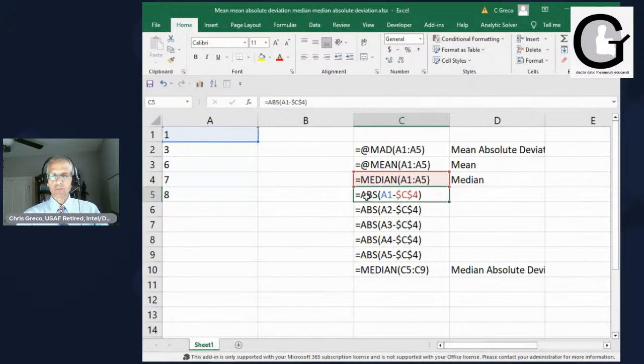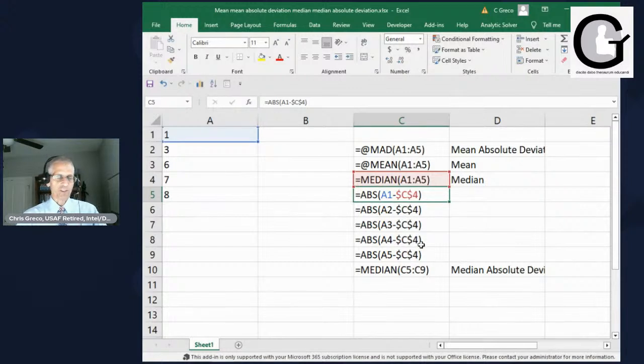And now what we're going to do is we're going to go through the process of doing the absolute value. So the absolute value is going to be A1 here minus C4. Now C4, what I did was I used it right here. This is the median. So by putting those dollar signs next to the C and the 4, I've made it basically an absolute reference, which means it'll never change.